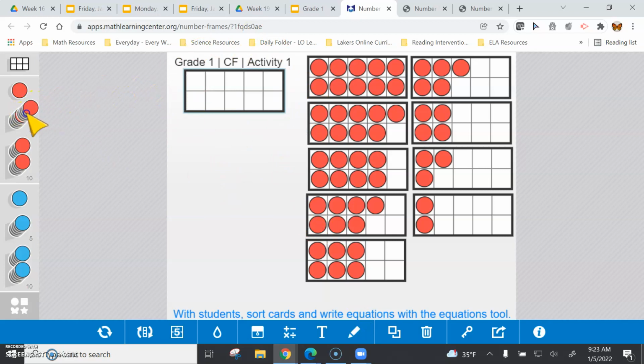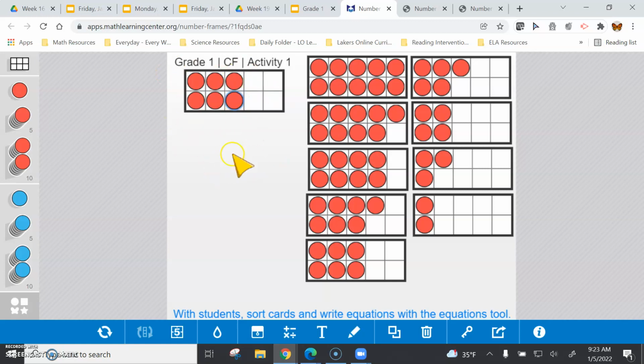If I put 1, 2, 3 dots on the top and 3 dots on the bottom, this would show 3 plus 3, which is just what we had on our calendar for the day. What is 3 plus 3? It is 6. Very good.